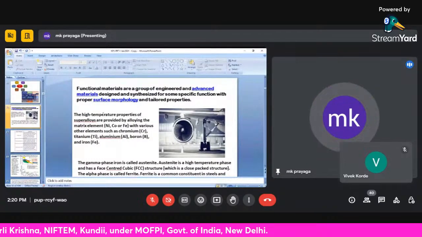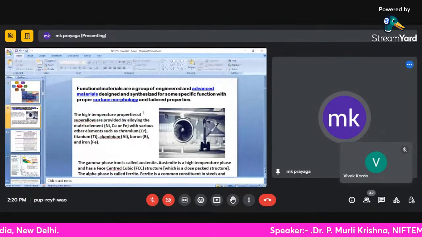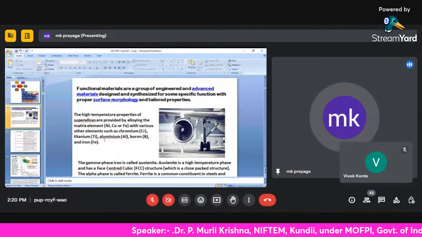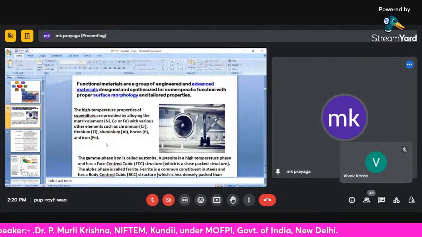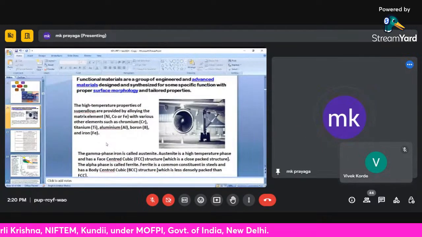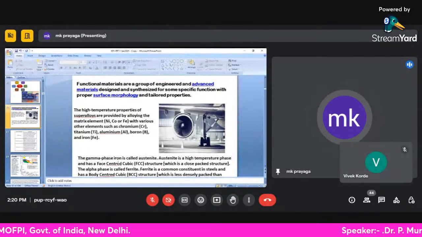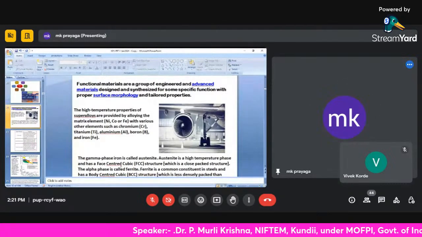Initially I told you functional materials are a group of engineering materials designed and synthesized for a specific application purpose. You will find chromium, titanium, aluminum, boron, iron. So these kinds of combinations, metal alloys, you can take. And in this one, you will find gamma phase iron, which is called austenite also. This is the face-centered cubic, FCC structured material.